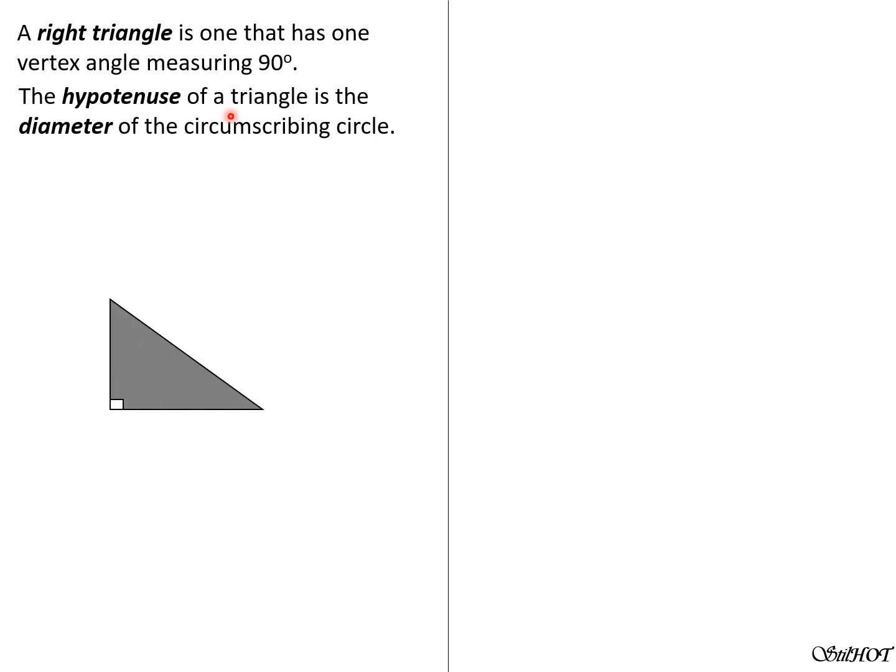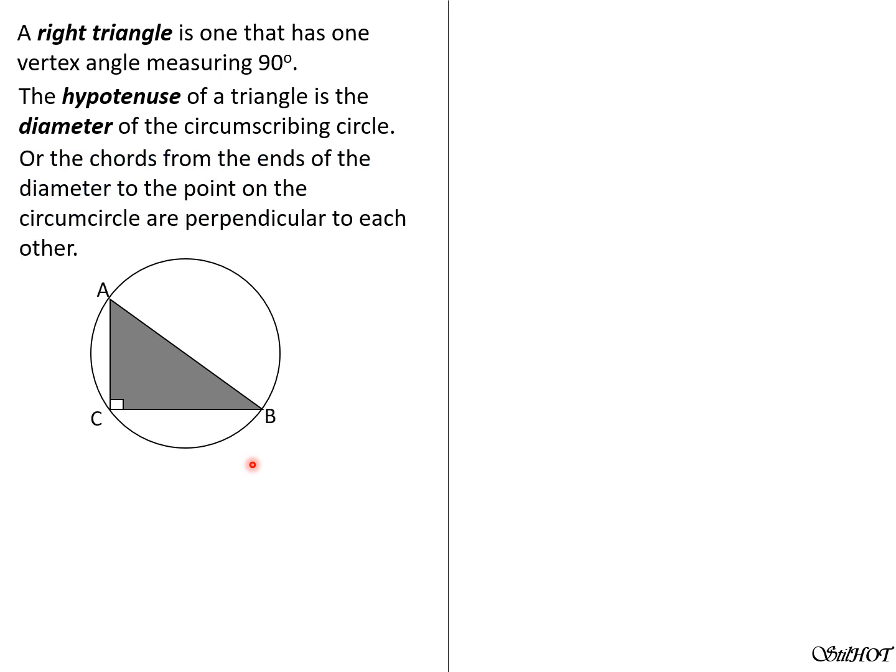Or the chords from the ends of the diameter to the point on the circumcircle are perpendicular to each other. So this is the demonstration. This hypotenuse is the diameter of the circumscribing circle. Then that's 90 degrees. So that's the hypotenuse, C, the diameter.